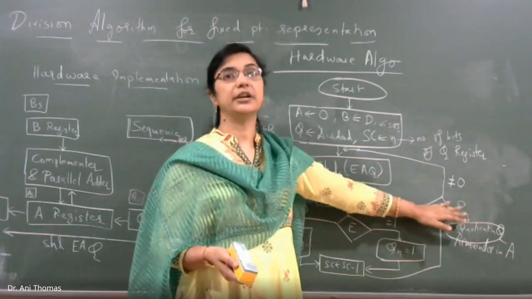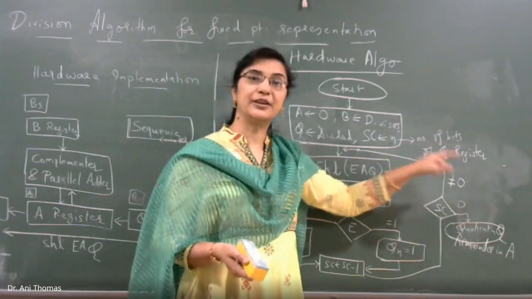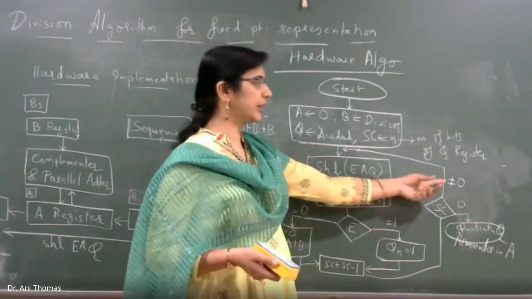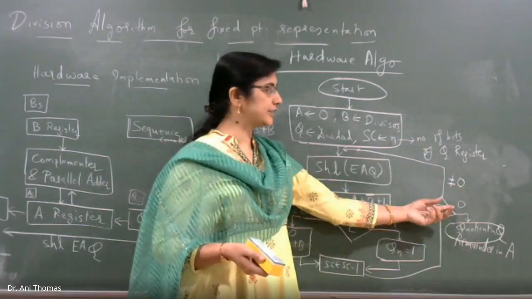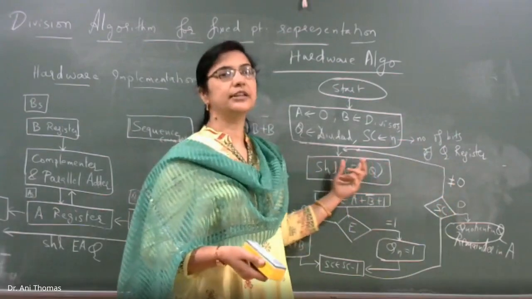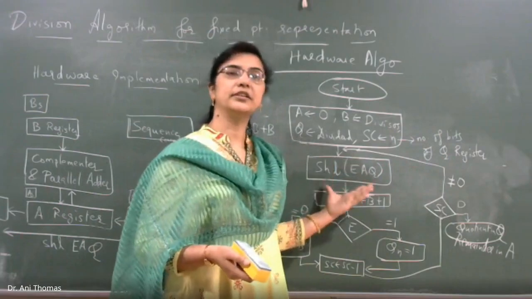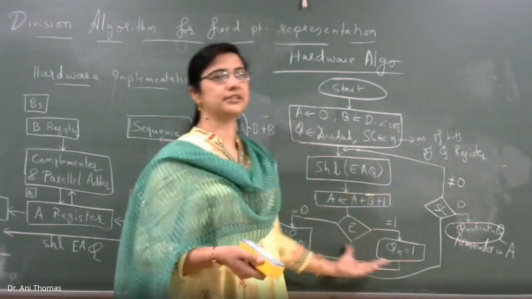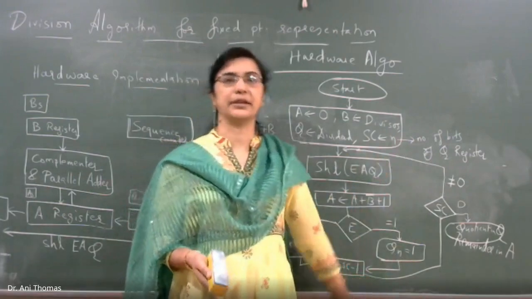The sign of the quotient will be QS. If the sequence counter is not equal to 0, then until the whole process of the division finishes, we will go this way, this way, this way, and it will complete.